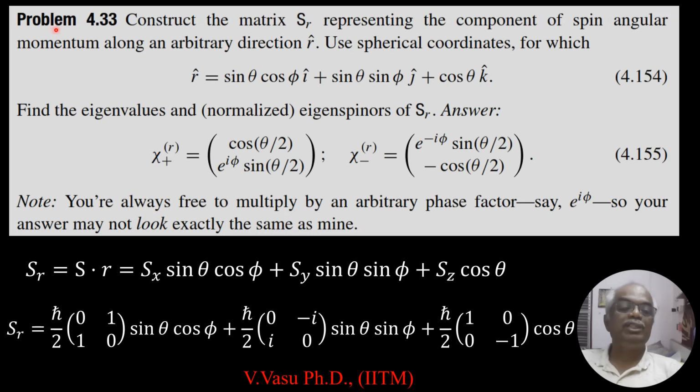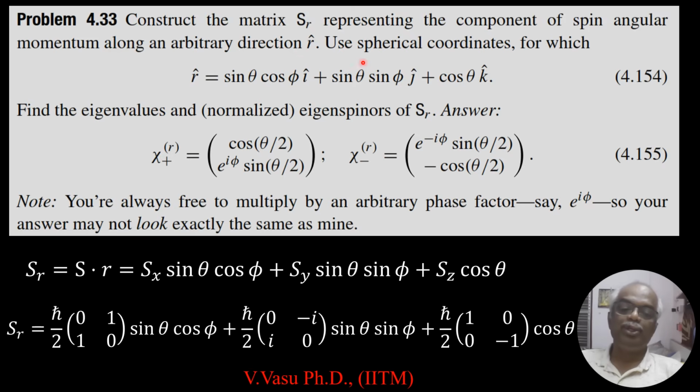Today we will solve problem 4.33 of Griffiths, third edition, Introduction to Quantum Mechanics. The problem is: construct the matrix S_r representing the component of spin angular momentum along an arbitrary direction r̂.